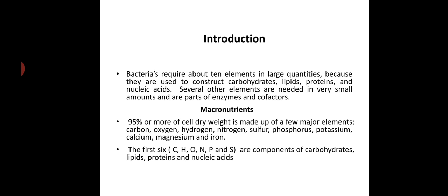Among these, the elements which are required in large quantities are called macronutrients. 95% or more of cell dry weight is made up of a few major elements, that is carbon, oxygen, hydrogen, nitrogen, sulfur, phosphorus, potassium, calcium, magnesium and iron.